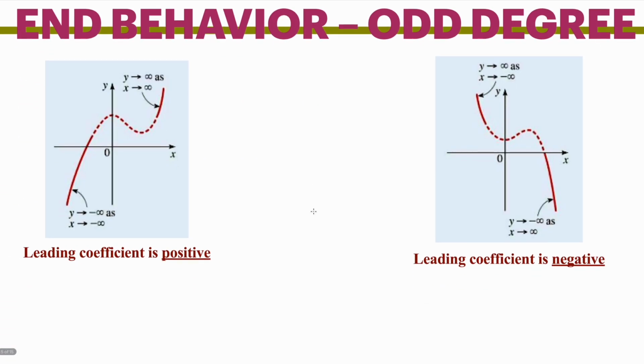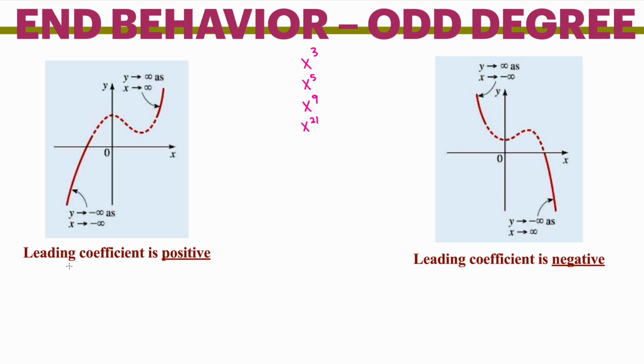So speaking of end behavior, we are starting with an odd degree, something like x cubed, x to the 5th, x to the 9th, x to the 21st, anything with an odd degree.